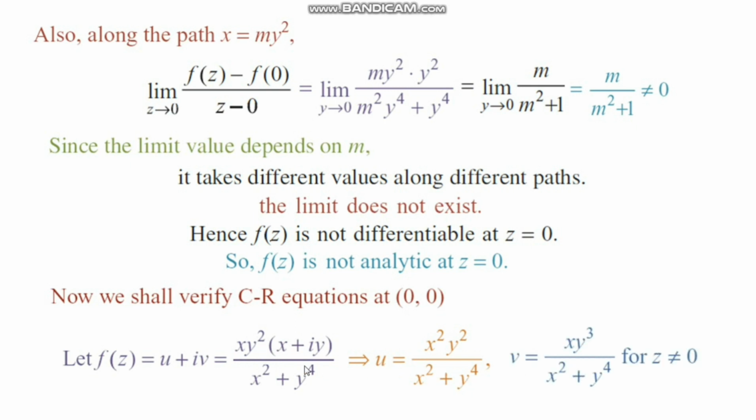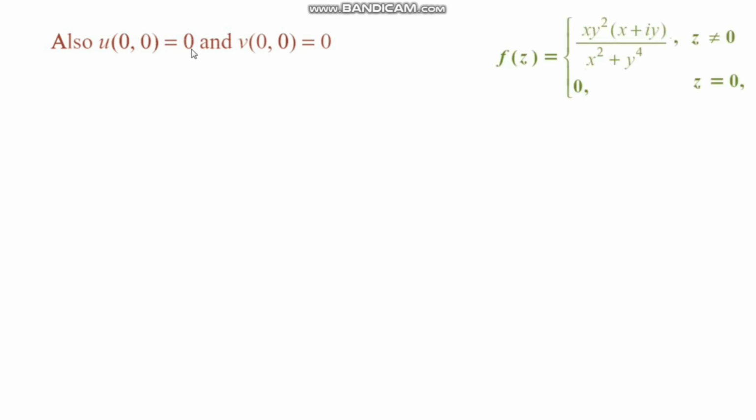Imaginary part is x y cube by x square plus y power 4. This is only the real and imaginary parts for z not equal to 0. We have u(0,0) equal to 0, v(0,0) equal to 0 because f of z equals 0 only at z equal to 0. Thus we have written these conditions.